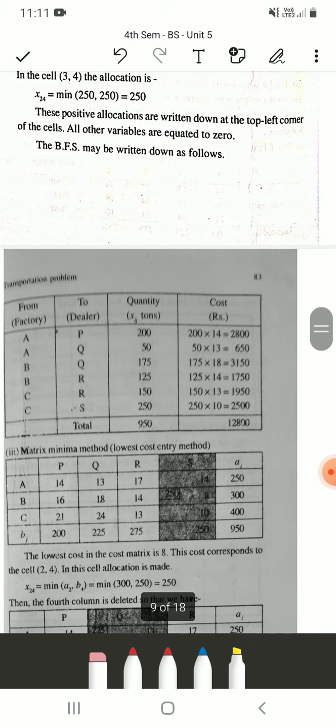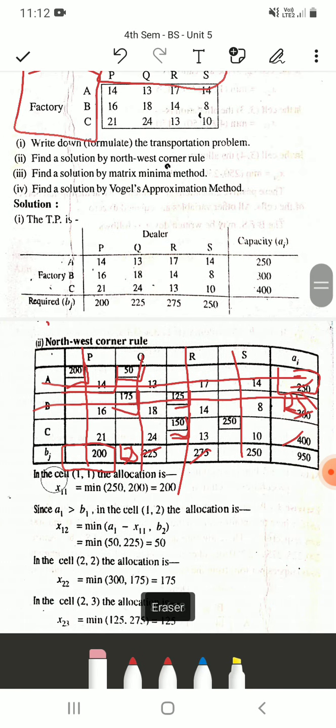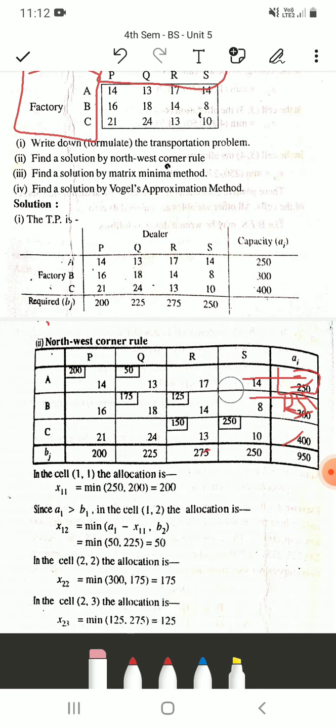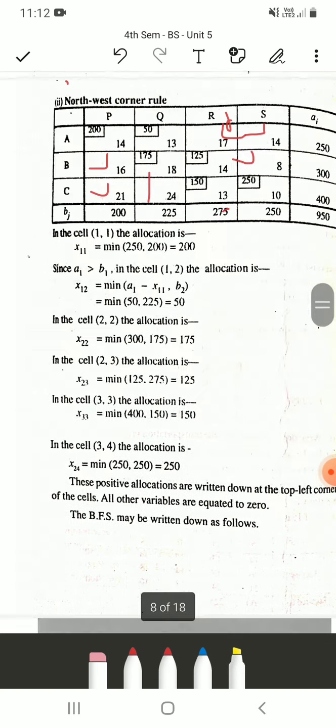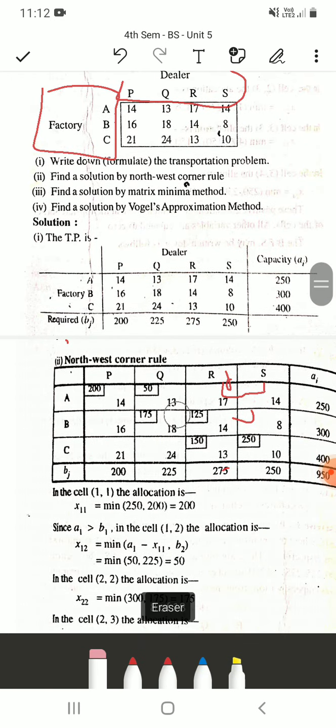This is just the allocation. The next step is to find the transportation cost, that is the optimal transportation cost that we have made by this allocation. And here the rest of the cells, the allocation will be 0, 0. So even this is 0, 0, 0. Here let us write it from factory, whatever allocations you have made.